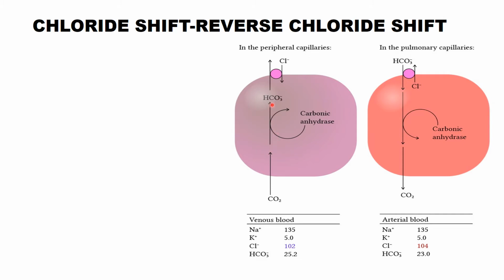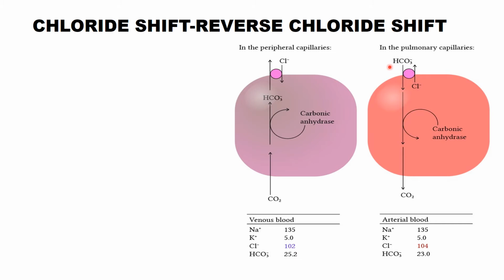Here it is converted by a series of chemical reactions into bicarbonate ion, which we have already studied, in the presence of carbonic anhydrase. This bicarbonate ion then diffuses out of the RBC into the plasma in exchange for chloride ion, which moves from the plasma inside the cell with the help of this anion exchanger. This phenomenon is known as the chloride shift.